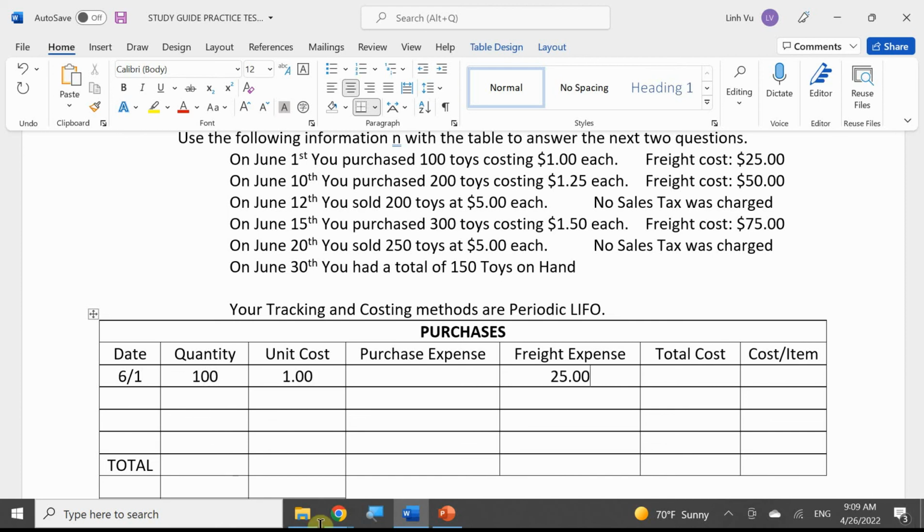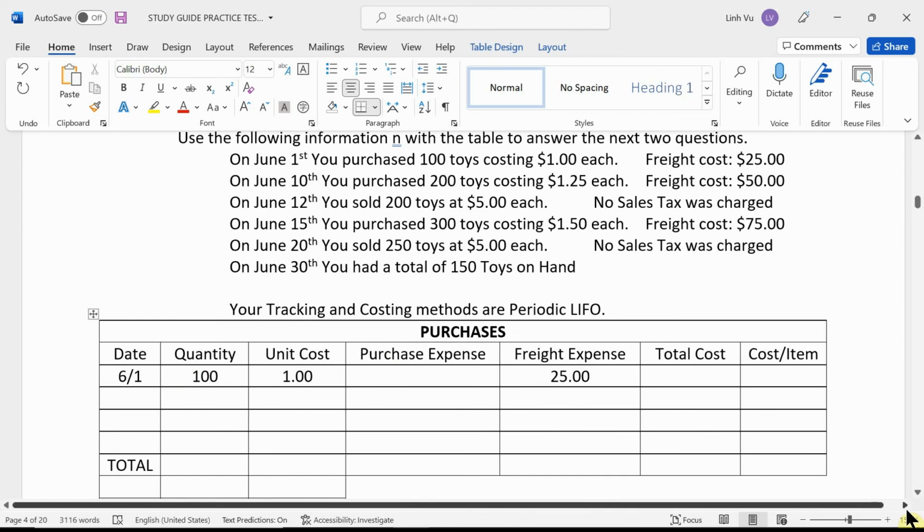So in this case, the purchase price is 100 times $1, which is 100, plus 25 freight. Total cost is 125. Now, this is LIFO. Do we need to separate our batches of inventory? Yes.